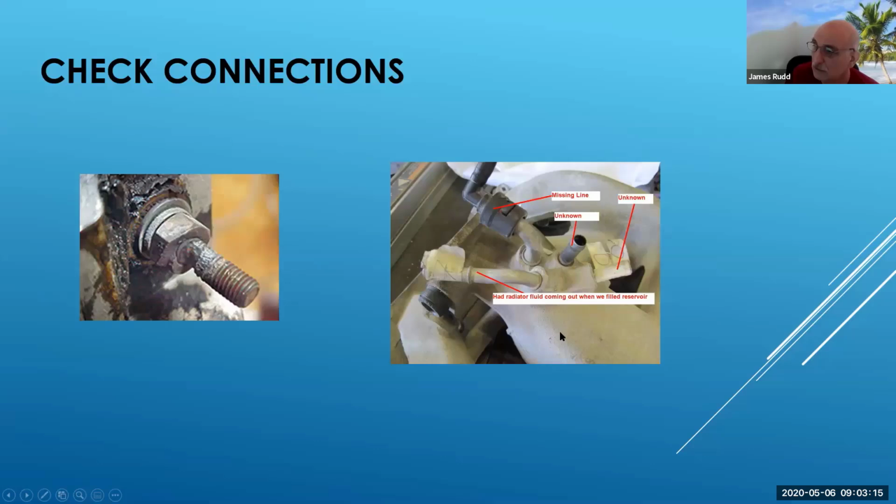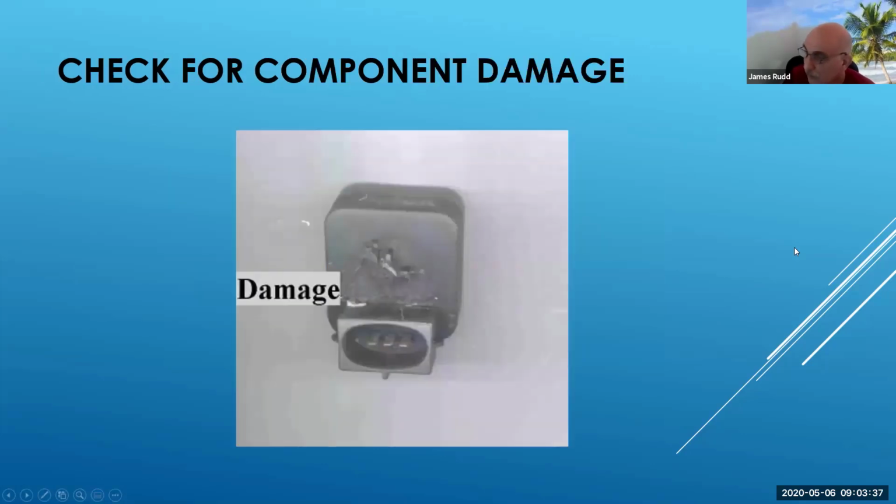Connections here, this is something that we found, and you'll notice that some were just taped off. They're missing some of the clips, and here we had connections that didn't know where they went to. This was actually part of a home rebuild. Somebody had rebuilt the motor, and now they wanted everything connected up.